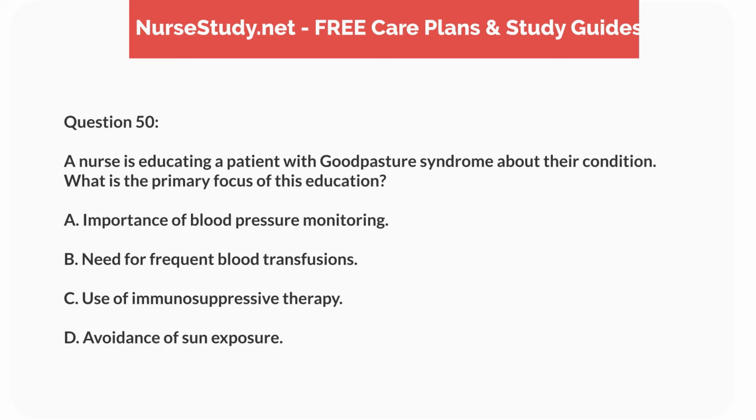Question 50. A nurse is educating a patient with Goodpasture syndrome about their condition. What is the primary focus of this education? A. Importance of blood pressure monitoring. B. Need for frequent blood transfusions. C. Use of immunosuppressive therapy. D. Avoidance of sun exposure.